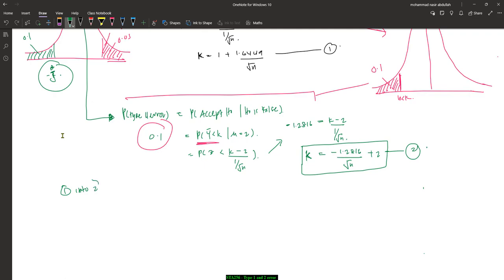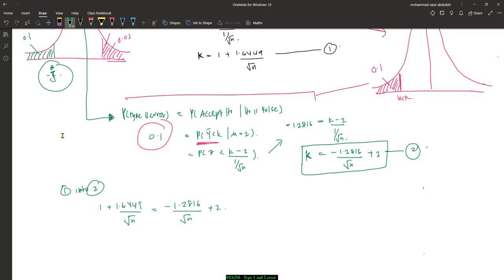Let's put it like this. K goes into K. 1 plus 1.6449 over square root of n equal to negative 1.2816 over square root of n plus 2.